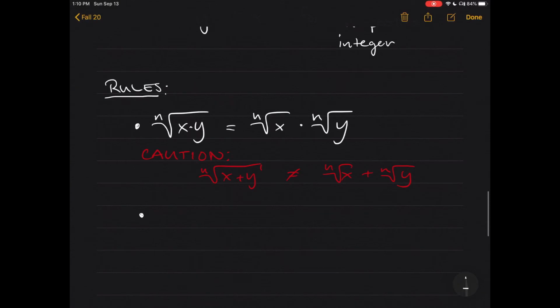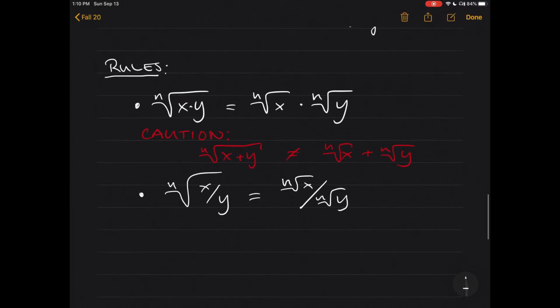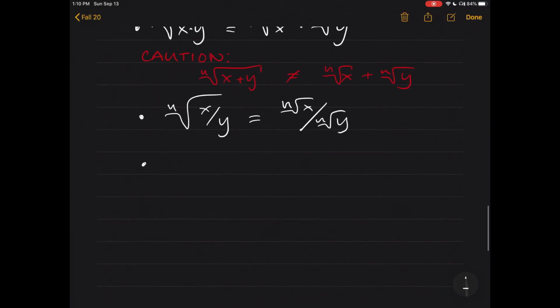Similarly, the nth root of x divided by y, we can write as the nth root of x divided by the nth root of y. Kind of similar to exponents. If we have nested radicals, the nth root of the mth root of x is the same thing as the n times m radical of x.